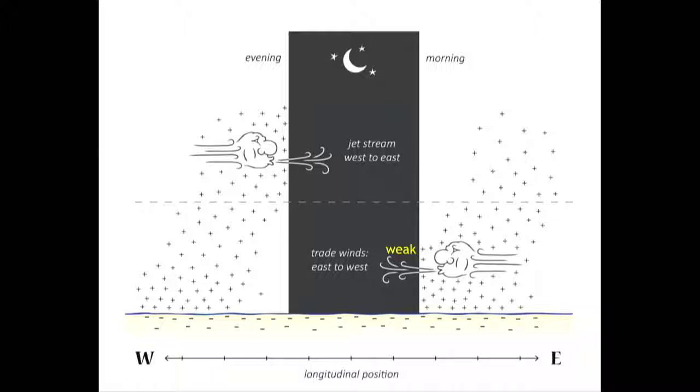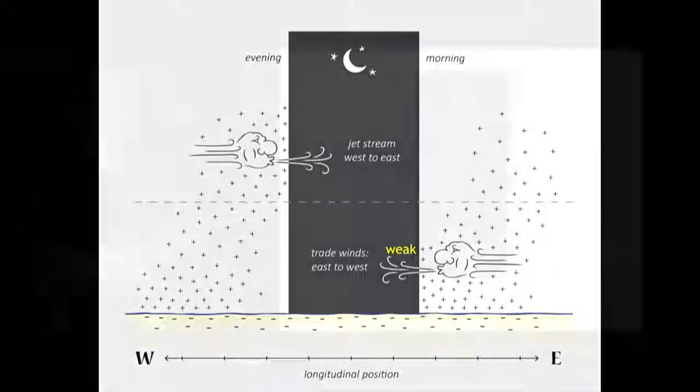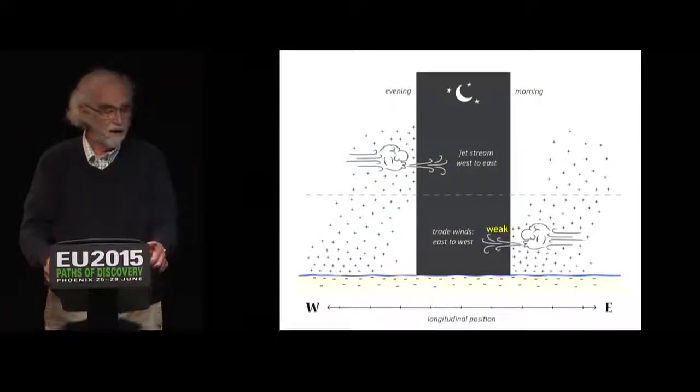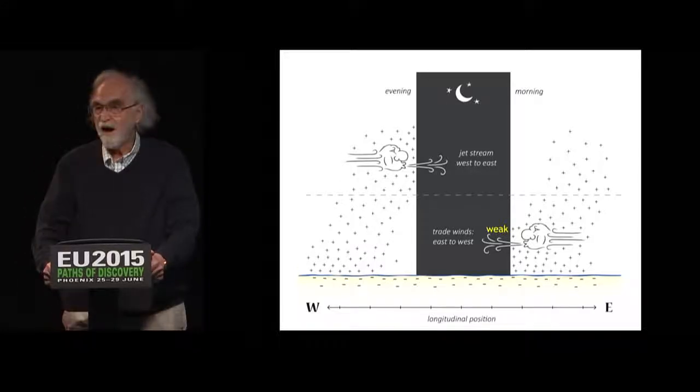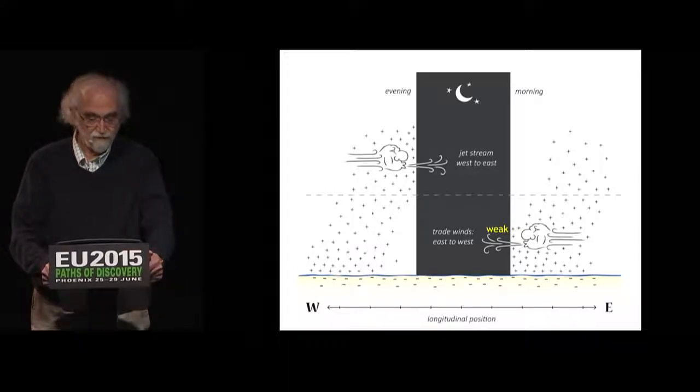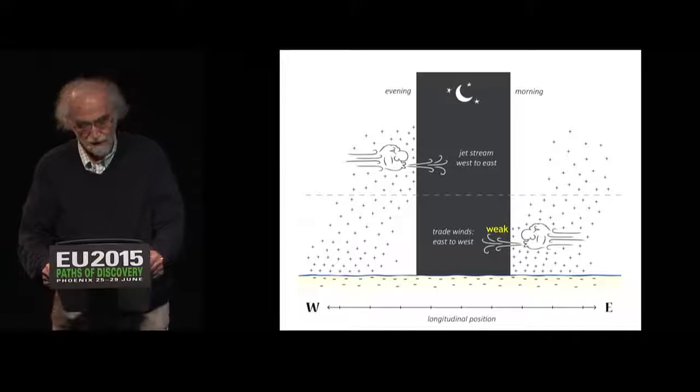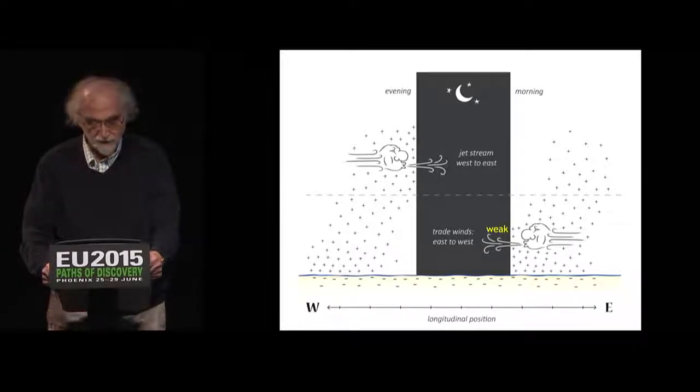Now look at the other side. This left side is the evening. Okay, and by the evening, mid-afternoon, late afternoon, the charges are way up high, and the gradient is in the opposite direction. It blows from the late afternoon toward the evening, so it blows from west to east.